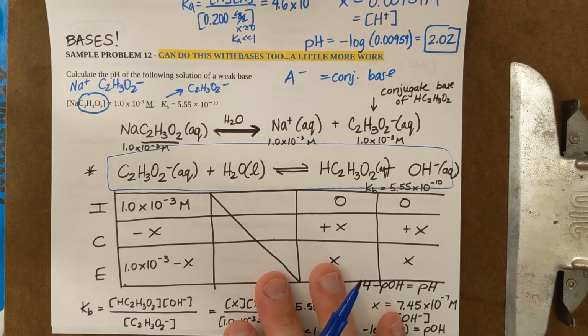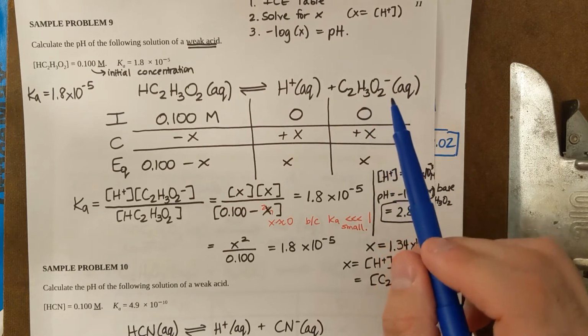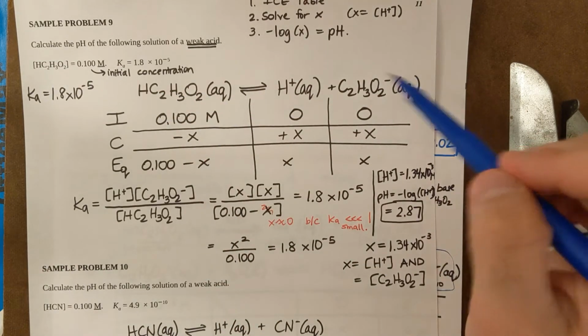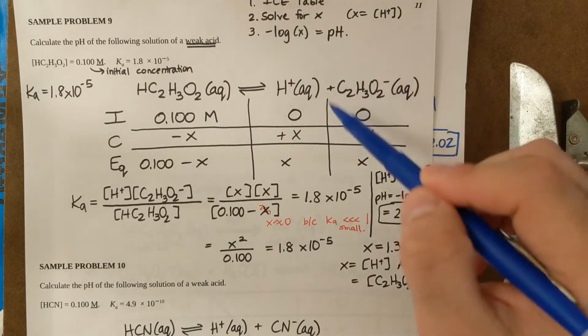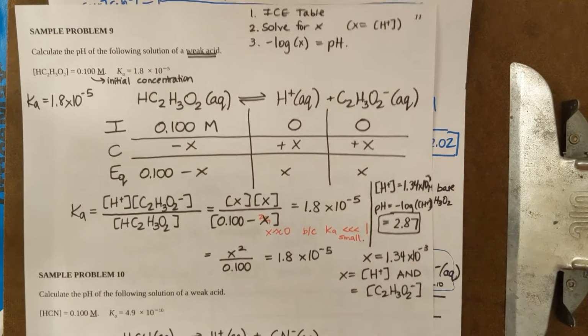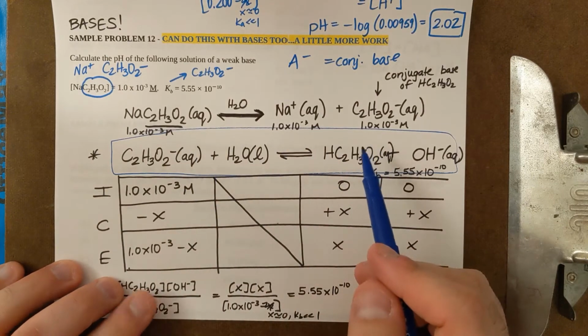On a previous page, we did work with acetic acid, and we had C2H3O2 minus, which is a conjugate base for acetic acid, HC2H3O2. This conjugate base can do some work in water in which it produces OH minus as well. And so here is the base dissociation.